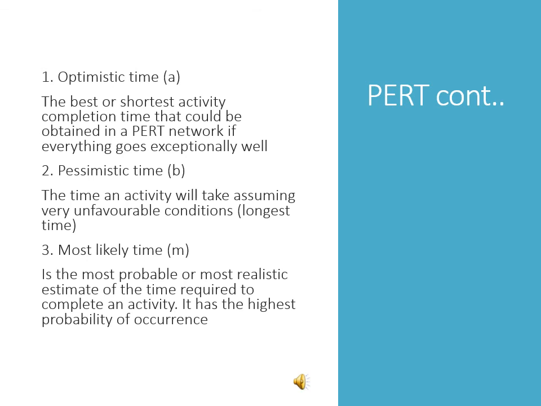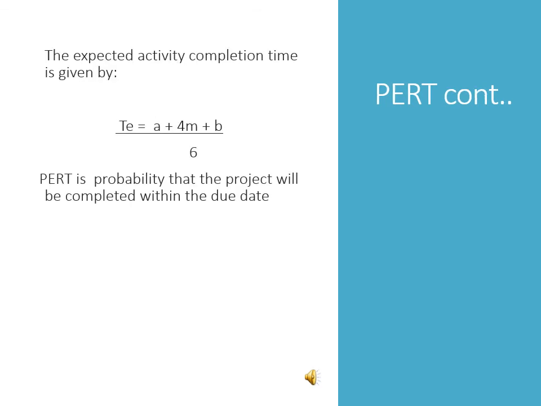Firstly, you have optimistic time, pessimistic time, and most likely time, which form an integral part of the calculation of the PERT. The expected activity completion time is given by the formula. PERT gives the probability that the project will be completed within the due date.